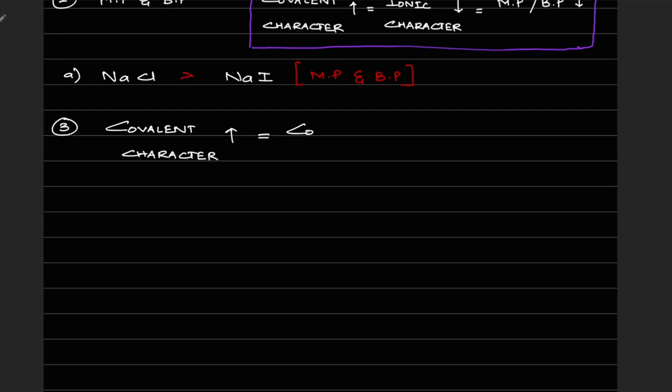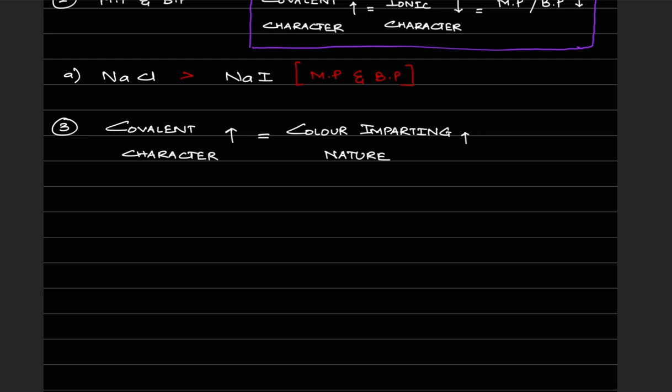That means over here what I could say is the color imparting nature also increases. Okay, now remember something very good to understand.